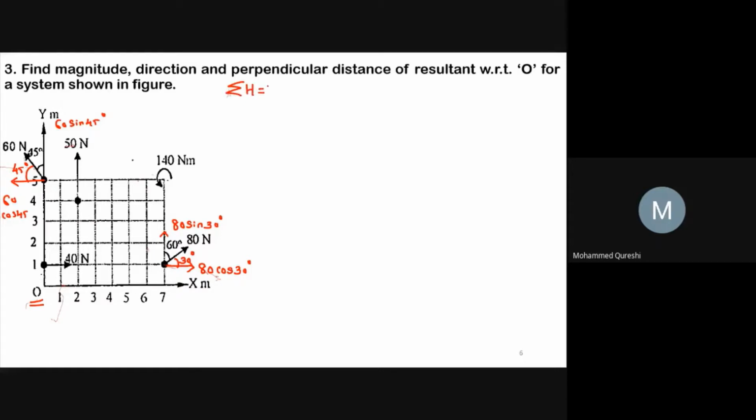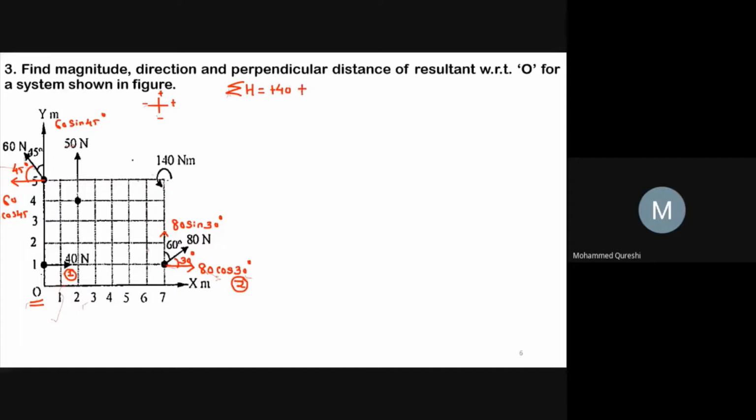So first of all, sigma H. Let us consider this 40 Newton as the first force. So sigma H is 40, and this force is going towards the positive x-axis. Hence, it will be considered positive, so plus 40. Then our second force is 80 cos 30.